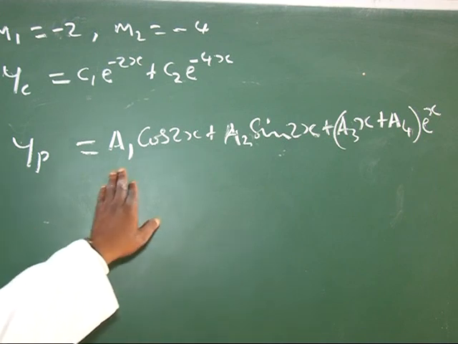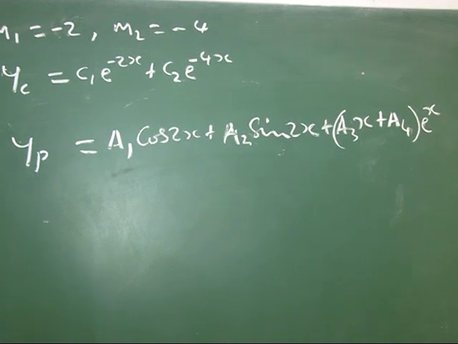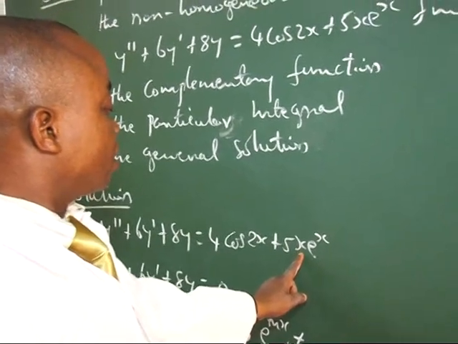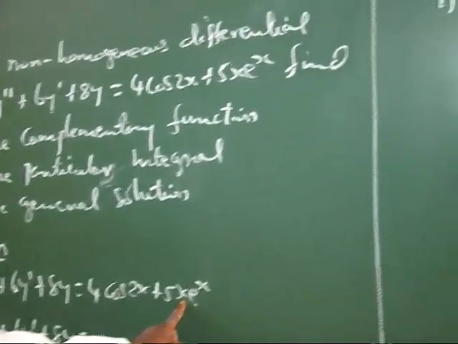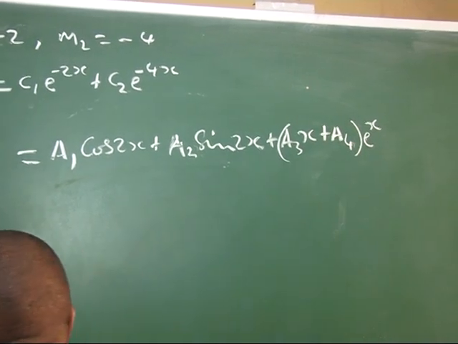You see, this assumption is for the trigonometric function. Then this polynomial is of degree 1, so you have to get the x term and the next is the constant.